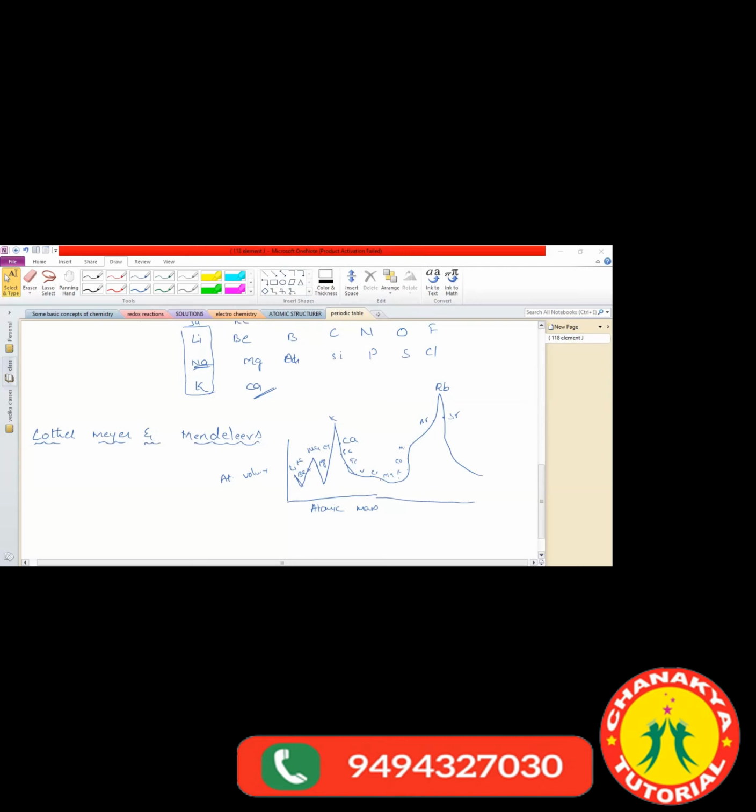After finding the physical and chemical properties, the elements showing similar properties he placed under one group.